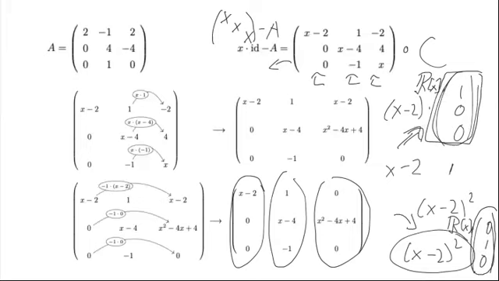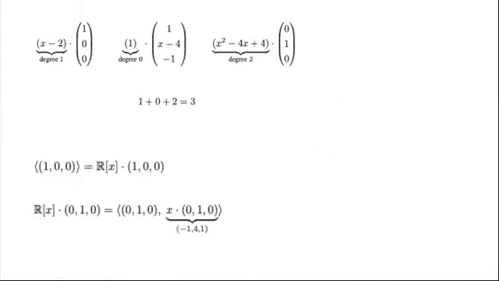Together, it means that the least common multiple of those two is a minimal polynomial overall. Just a quick intuitive explanation for what we're doing. Now, what is this span? It ends up just being the regular R span of that vector.